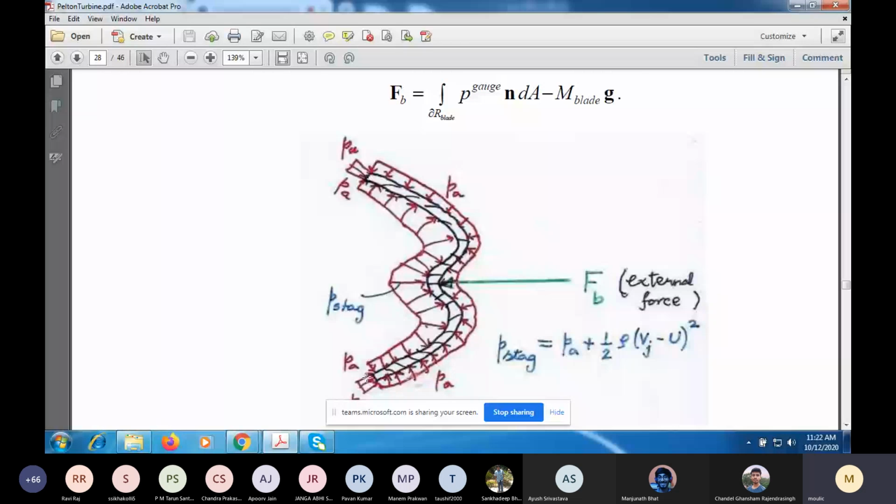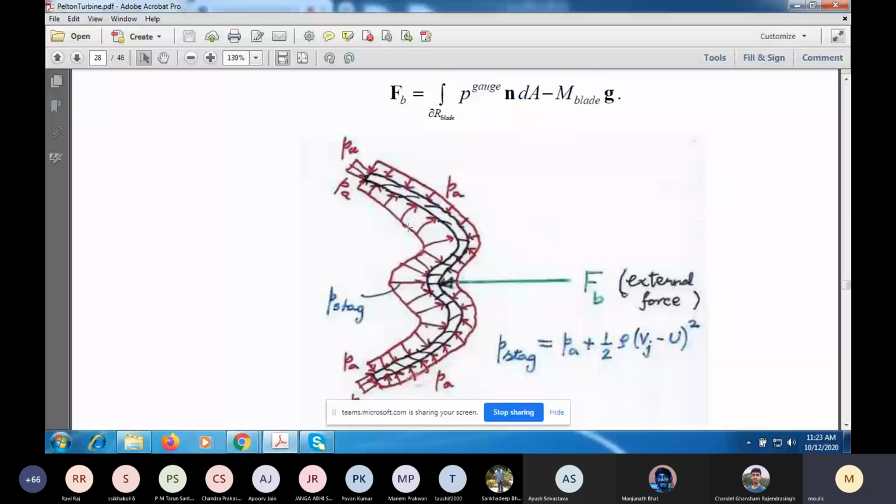The reason being that when the flow is deflected, the streamlines move in a curved path. So while at the free surface of the jet, pressure is atmospheric pressure, if you move from the free surface inwards, towards the inner surface of the bucket or the wetted surface of the bucket, the pressure will increase.